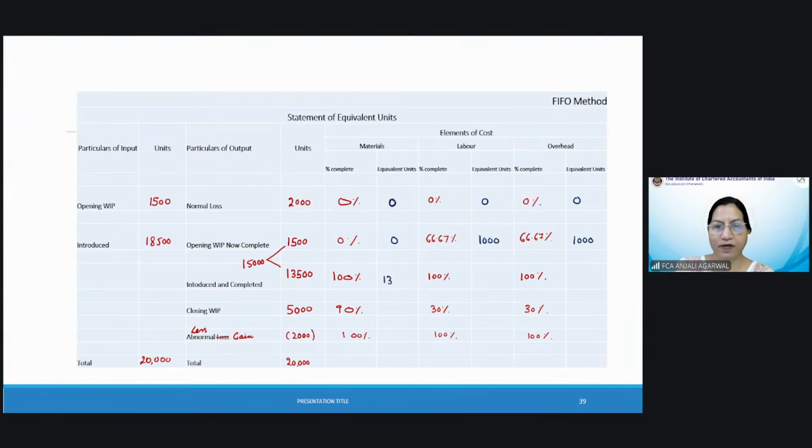This will be 13,500, 13,500, 13,500. This will be 5,000 into 90%, 4,500, 5,000 into 30%, 1,500, 5,000 into 30%, 1,500. 2,000 into 100%, 2,000, but you have to show it in the negative.